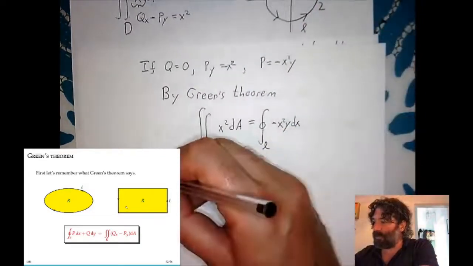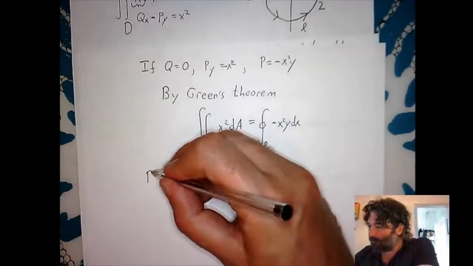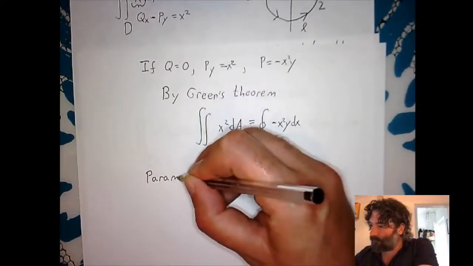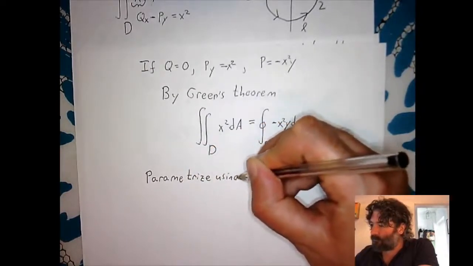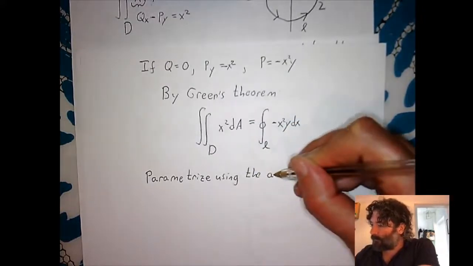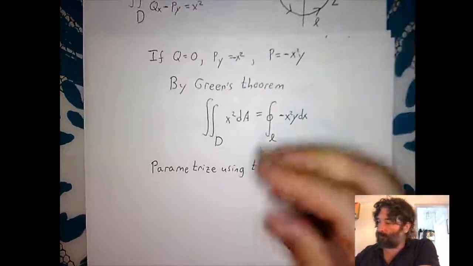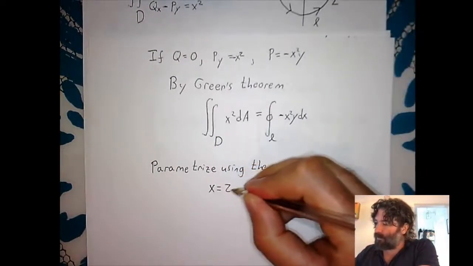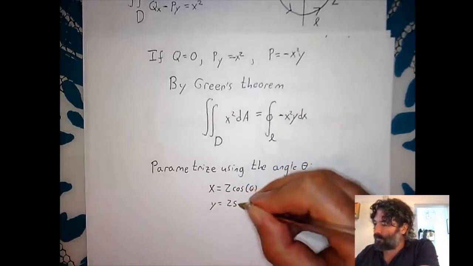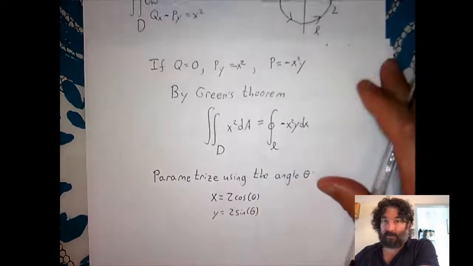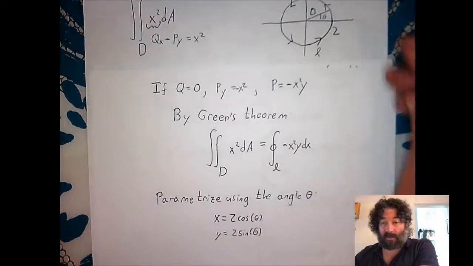So if we parameterize by the angle, we get that x equals 2 cosine theta, y equals 2 sine theta, as we go around this circle of radius 2.